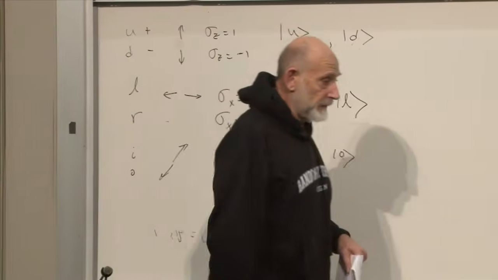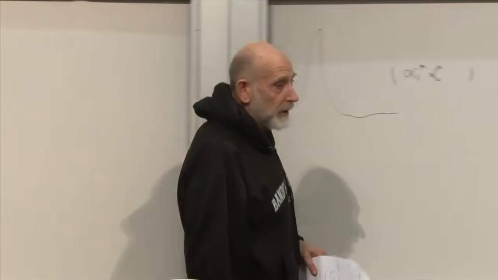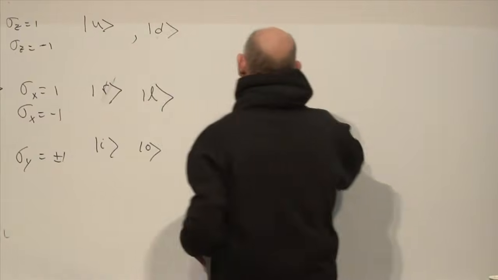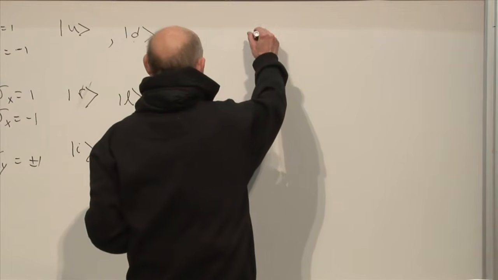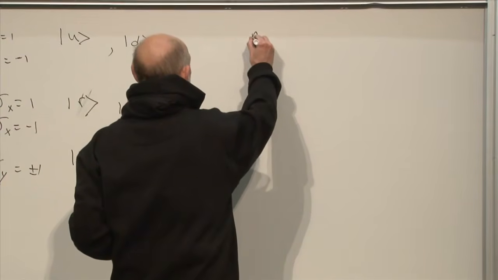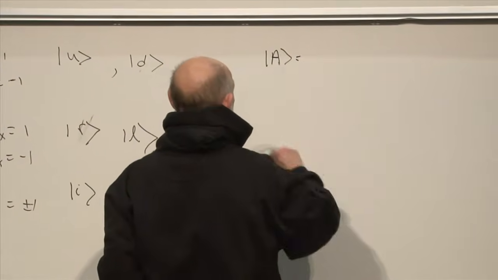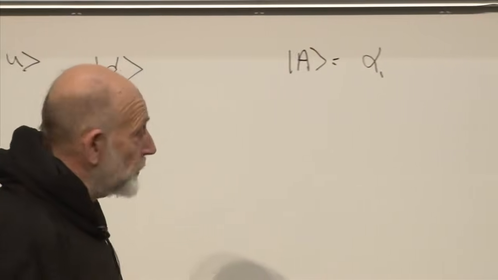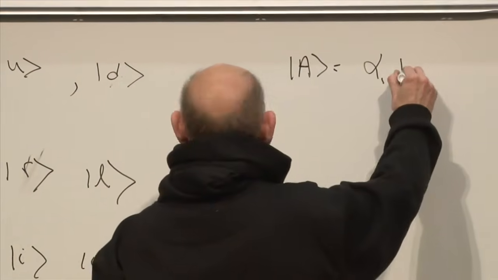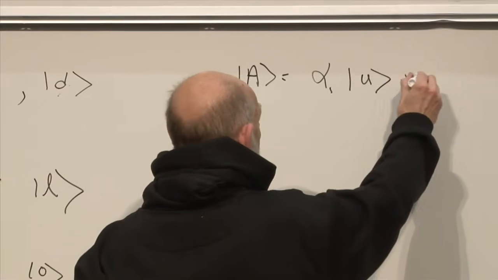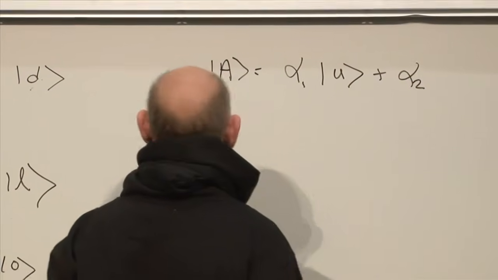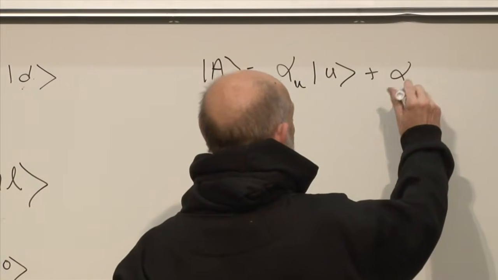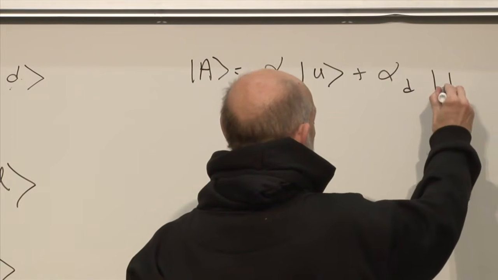Okay, so let's go to general linear combinations of up and down and ask what they mean. Let's take a vector, I guess we can call it A, which is of the form a complex coefficient alpha up times up plus another complex coefficient, alpha down, times down.